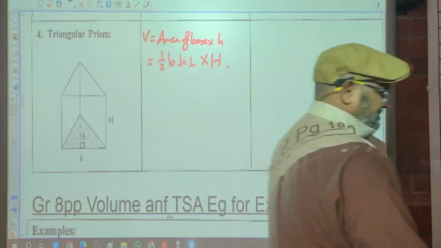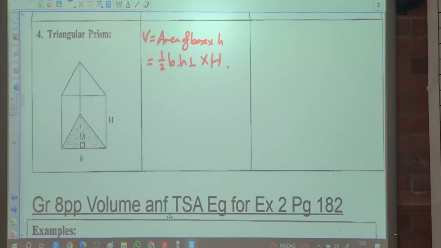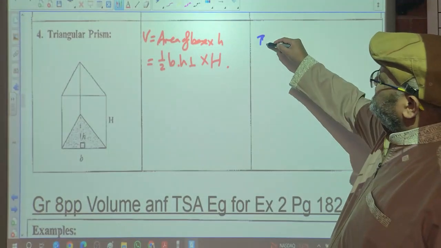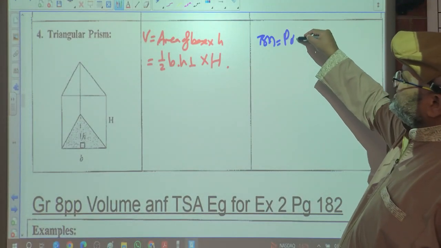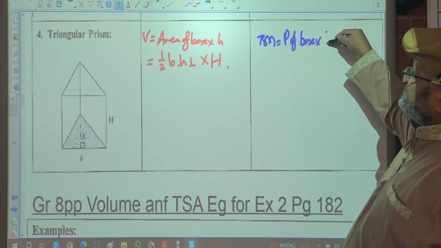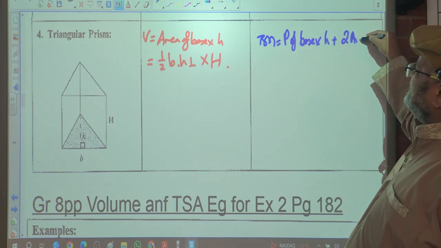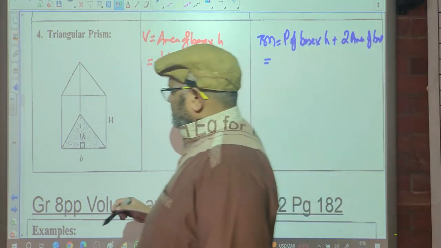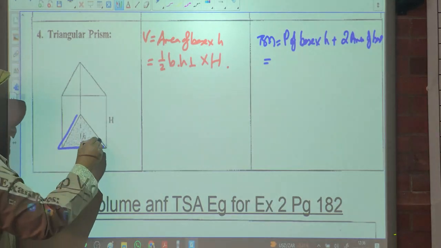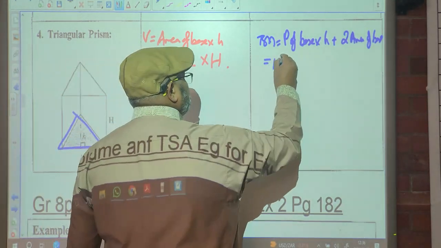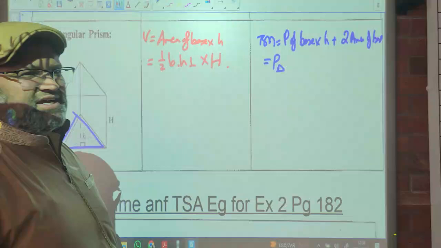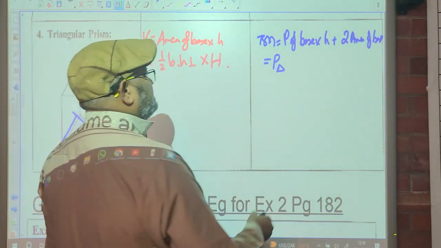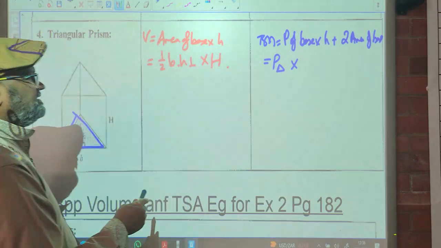Listen to the next one. The total surface area is going to be perimeter of base times height plus twice area of base. So the perimeter of the base is the perimeter of the triangle, or you can say the sum of the sides of the triangle, times height. What's the height of this object?